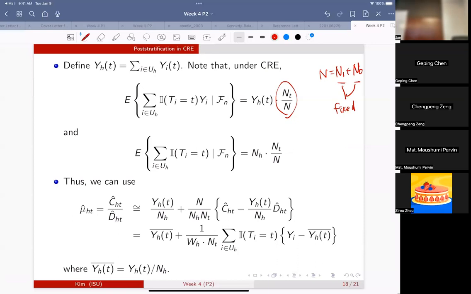We fix it in advance, and then do random selection. So the expectation of this guy is N_T by N.